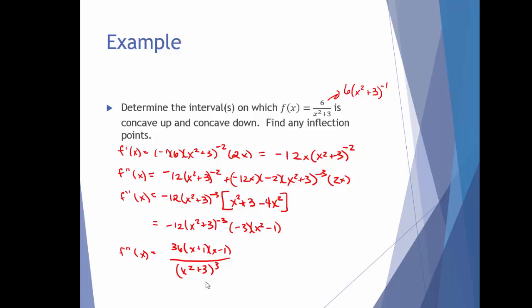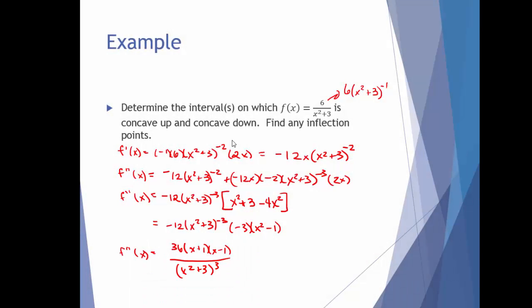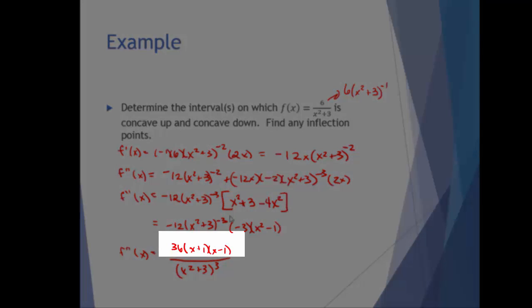If I want to figure out where this is going to change sign, I need to examine the zeros of both the numerator and the denominator. If you take a look at the denominator, you have x squared plus 3. That will never equal 0 in the real numbers. It would take an i to make that equal to 0. So that will not be equal to 0 in the real number system. For the numerator, we're looking at x equals 1 and x equals negative 1.